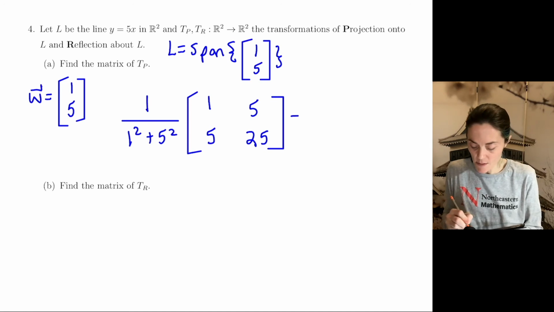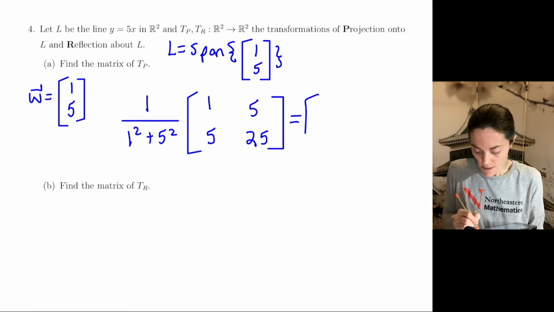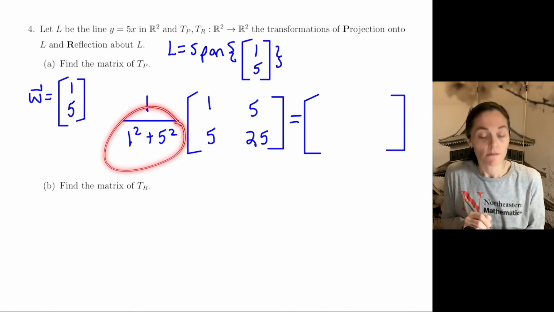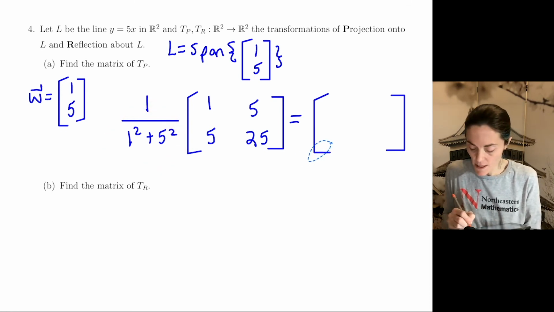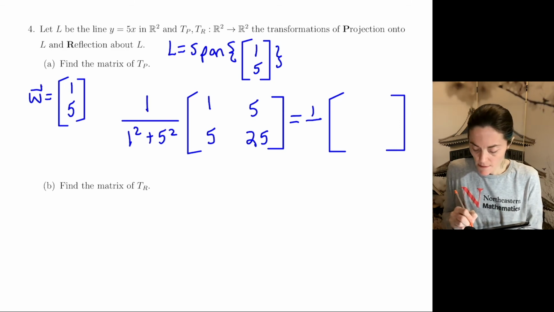So it looks like this, but we should make this a little bit nicer. You note that this is 26, and so maybe I'll leave the constant on the outside for the moment. I have 1 over 26, and then I have this 1, 5, 5, 25.